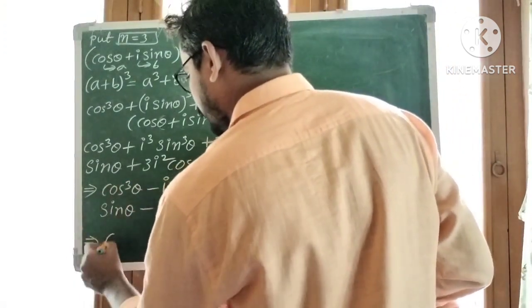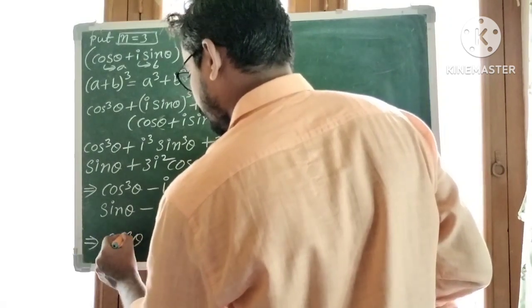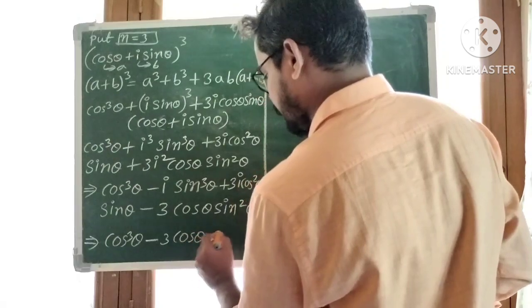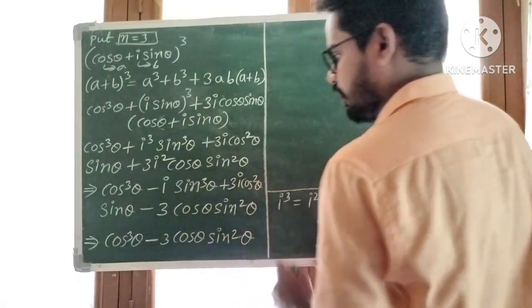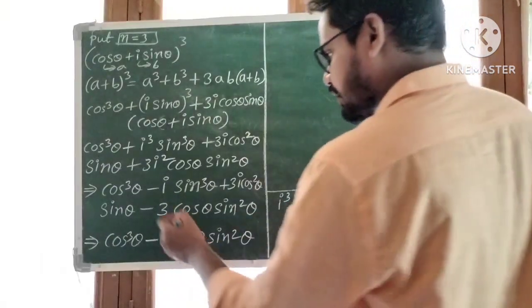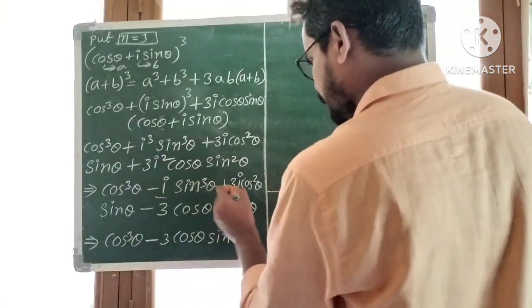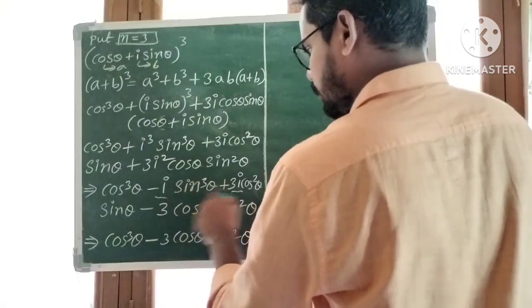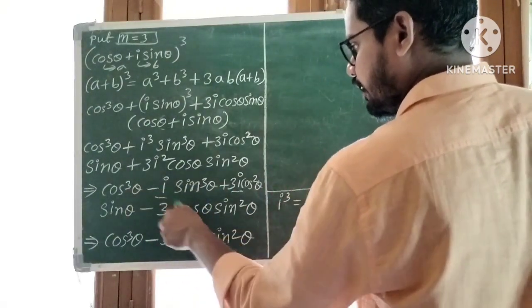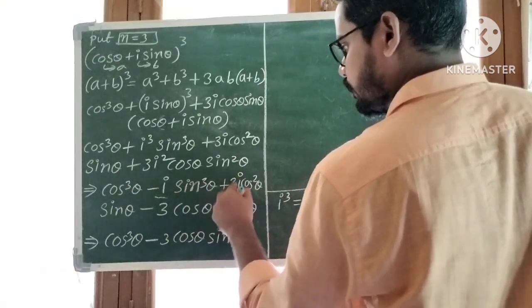Here real parts are cos cube theta minus 3 cos theta sin square theta, and imaginary parts, the terms having imaginary number i. So let us group these two terms.